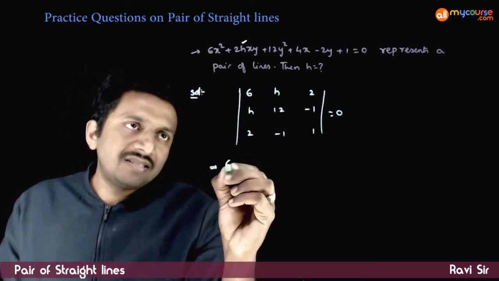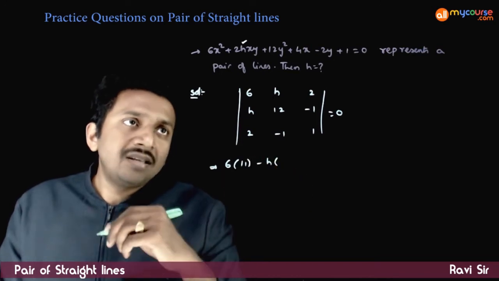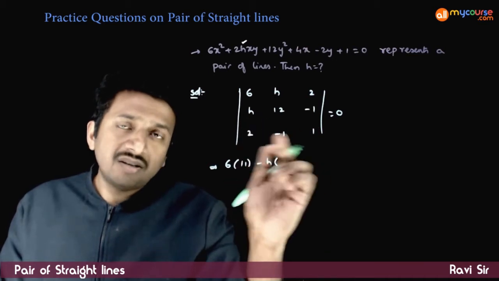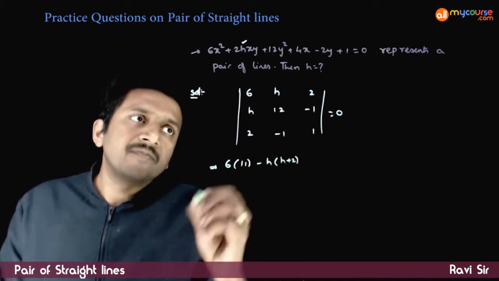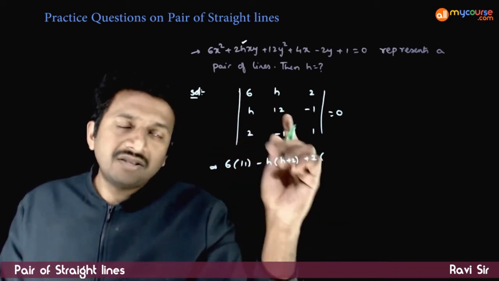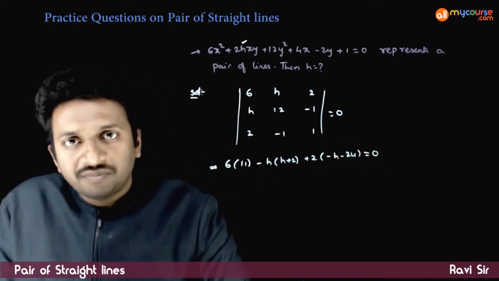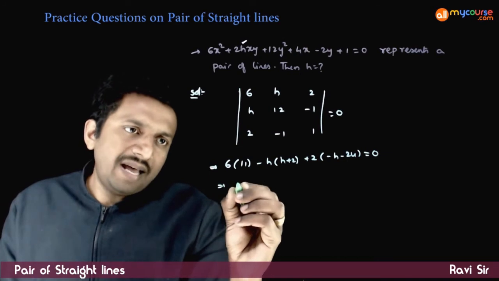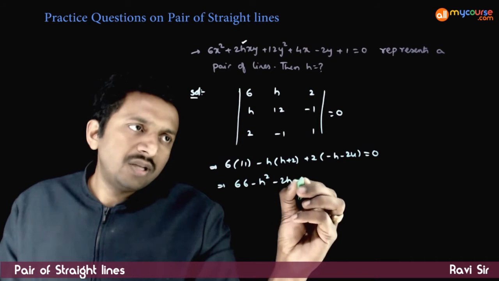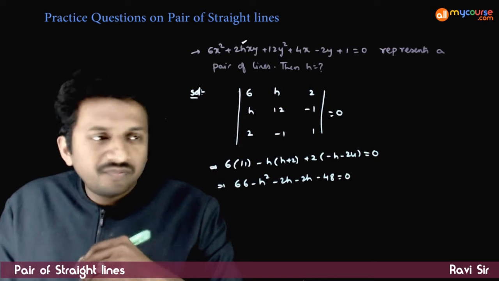So this implies 6 times (12 minus 1), that is 11, minus h times (h plus 2), plus 2 times (minus h minus 24) is equal to 0. This implies 66 minus h square minus 2h minus 2h minus 48 is equal to 0.